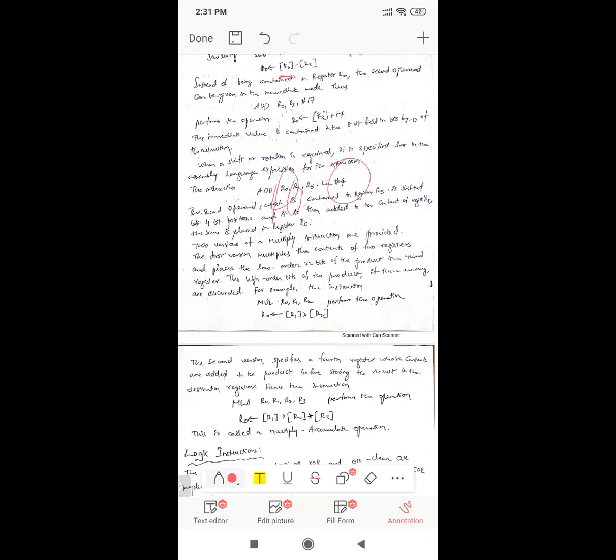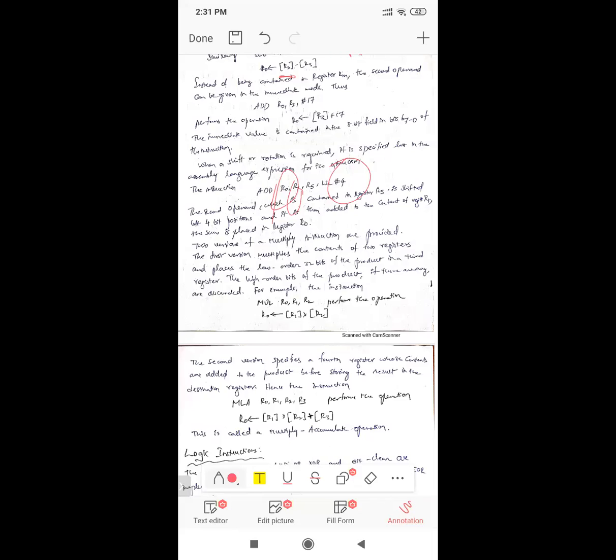And the registers are 32-bit size. If you multiply two 32-bit registers, the result may or may not be 32 bits, or sometimes greater than 32 bits. The result may be 48 bits or sometimes 64 bits also.